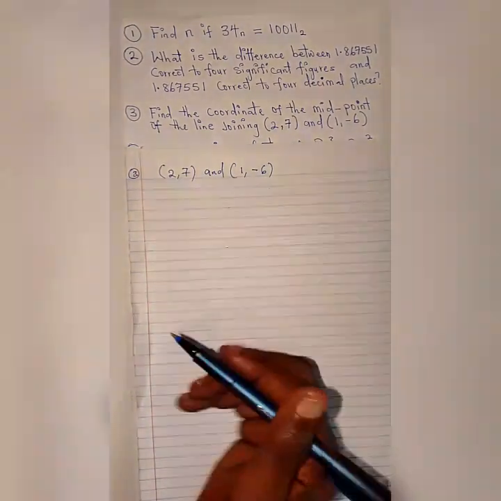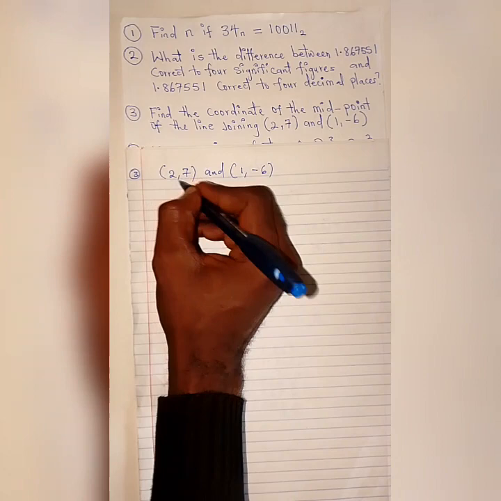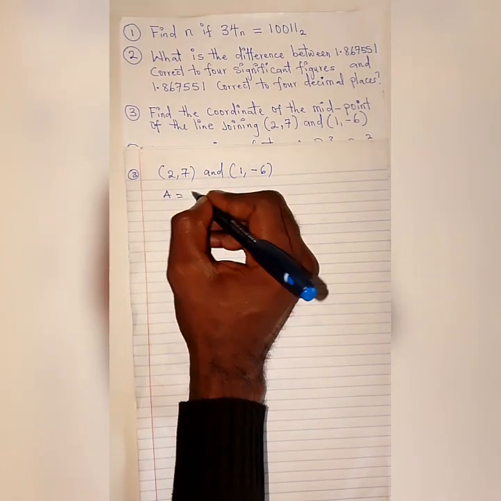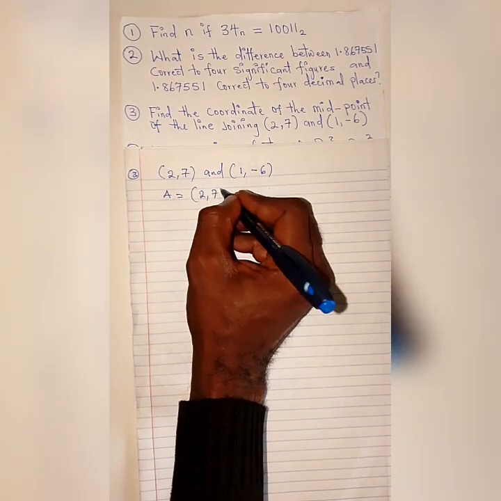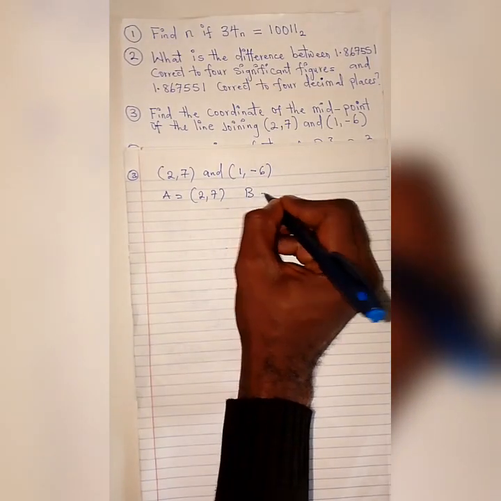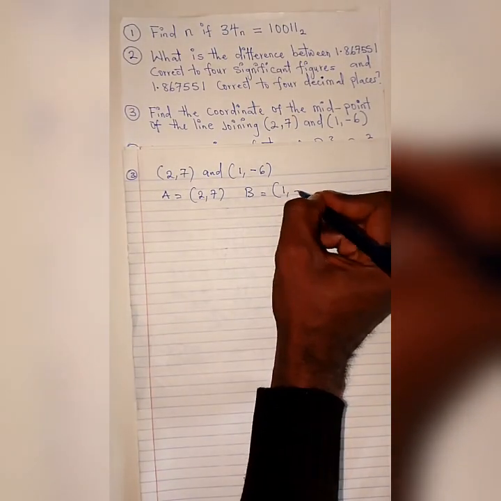So these are the 2 points. So now let's take this first point to be point A. So let's say that point A is equal to 2 and 7. Point B is equal to 1 and minus 6.